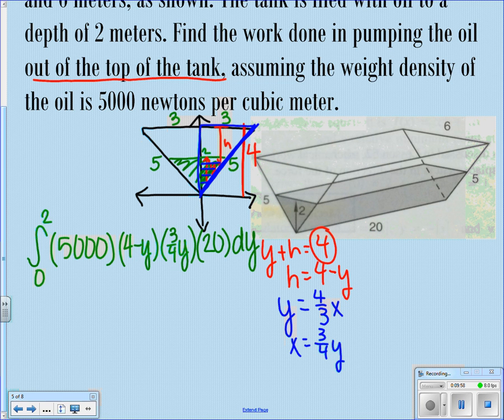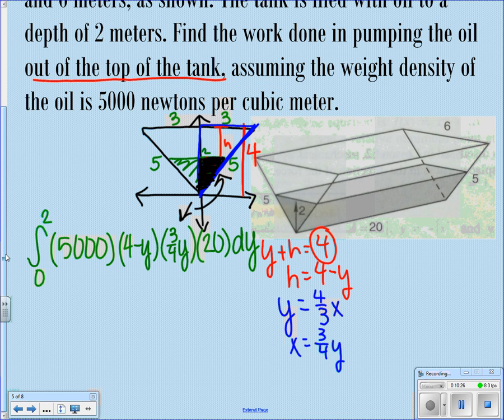Hopefully that makes sense for you. We're going to pull out the 5,000, the 3/4, and the 20. Oh, whoops, I forgot one part. This equation is only going to give us the work in pumping out this half of our triangle, because we only dealt with the equation for the positive side.